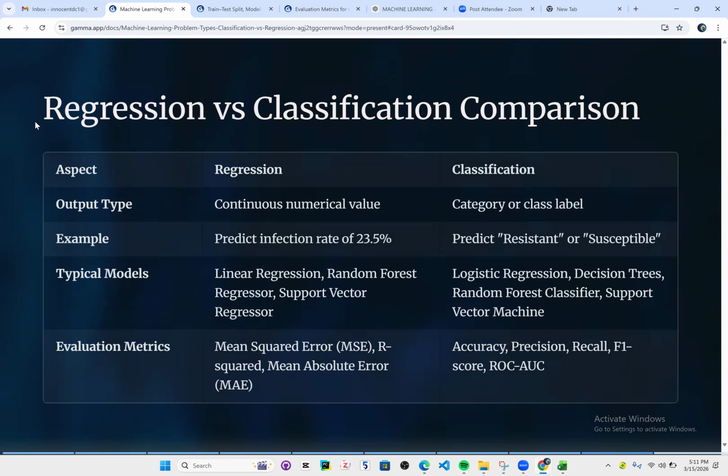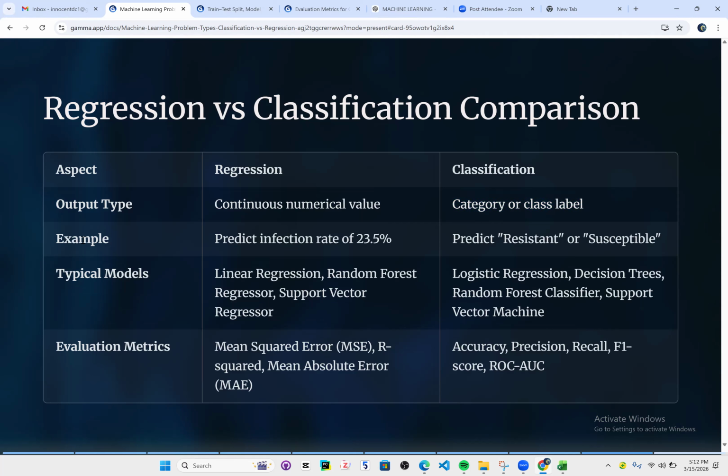So let's have a visualization of what regression versus classification means in a table. These are the aspects, this is regression, this is classification, because this is definitely what you're going to be doing in machine learning. For the output type, regression gives a continuous numerical value, while classification gives a categorical class label.